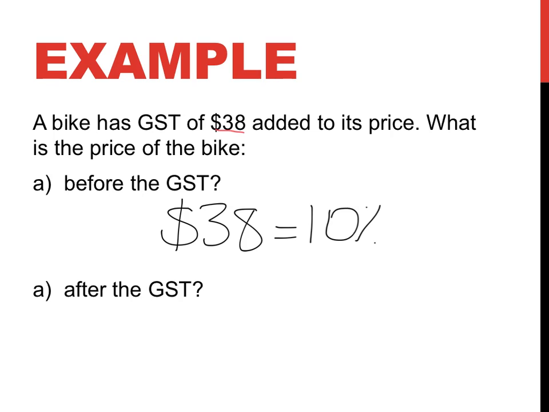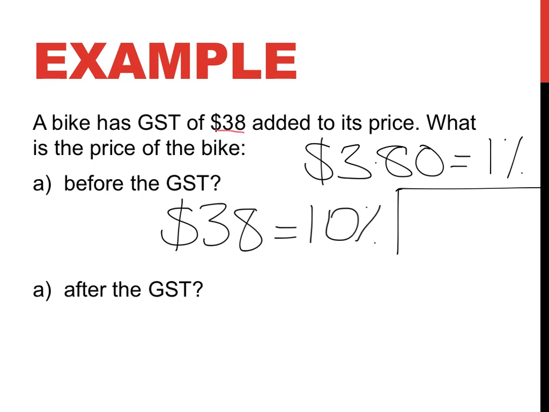If I divide $38 by 10 on my calculator, I get $3.80. That's 1%. Then to find out what 100% is, I times $3.80 by 100, and that gets me $380.